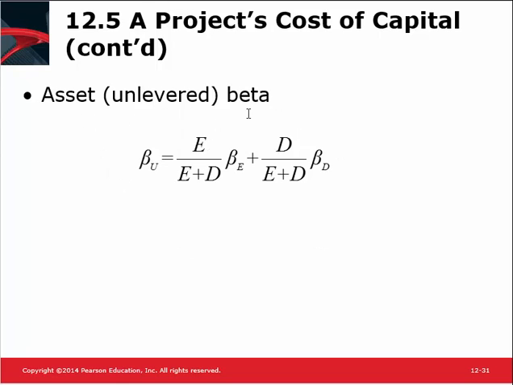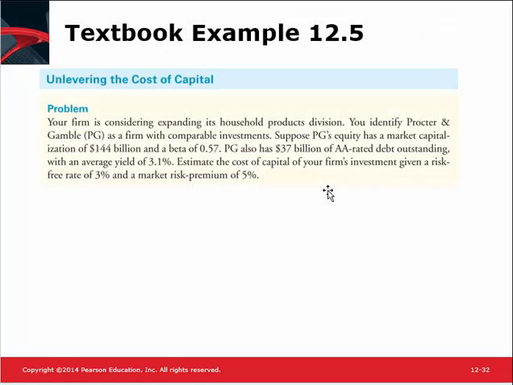Solving for beta, the beta of the company is the weight of equity times the beta of equity, plus the weight of debt times the beta of debt. Seems pretty similar. We're just moving along, except now we're talking about this other company.